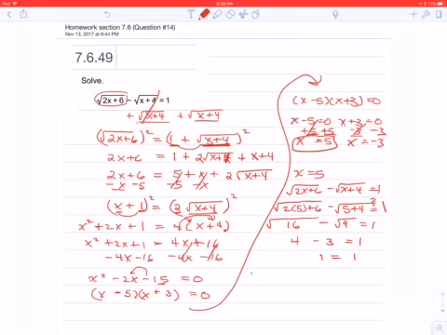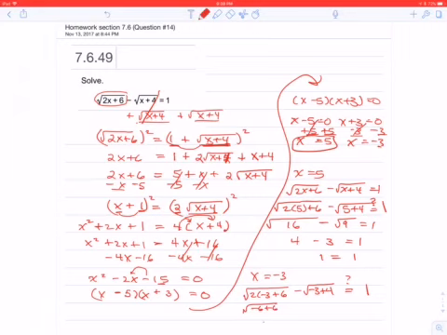Now let's check x equals negative 3. So the square root of 2 times negative 3 plus 6, minus the square root of negative 3 plus 4, should equal 1. So negative 6 plus 6, that's 0.